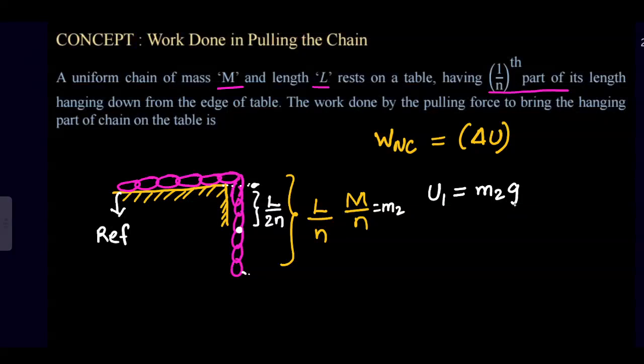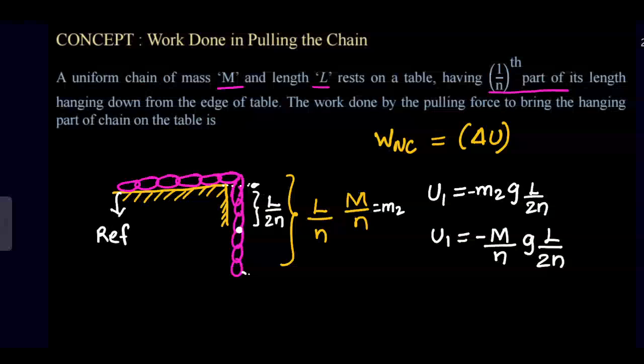So M2 g into L by 2N, and this is downwards, so minus, negative, because it is below my reference line. M2 is M by N, so U1 is minus M g L by 2N squared. This is the initial potential energy.